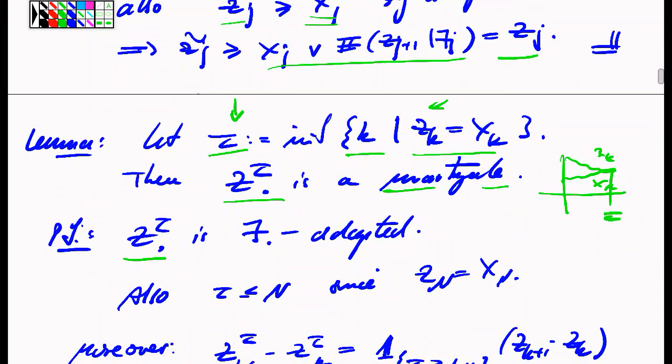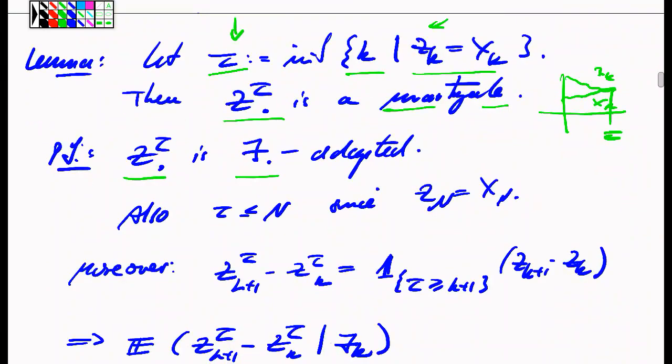Well, first, clearly, Z tau is F-adapted. We had shown this before. Also, by definition of tau, tau is finite.